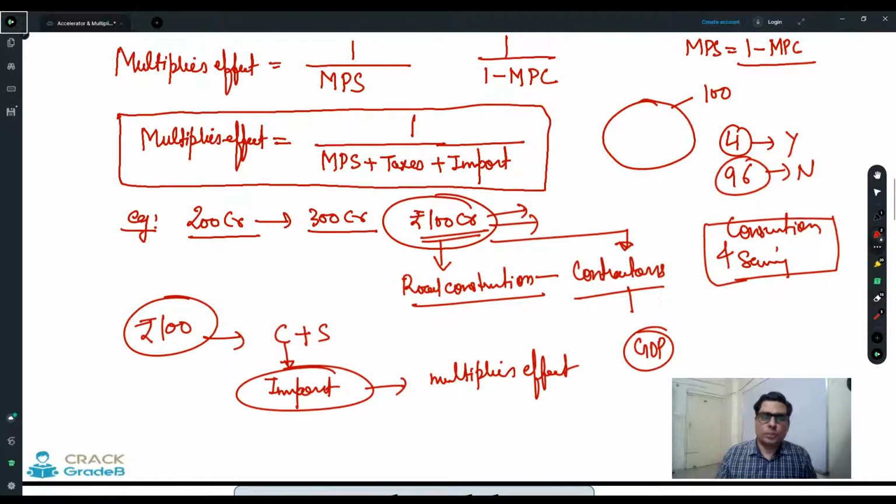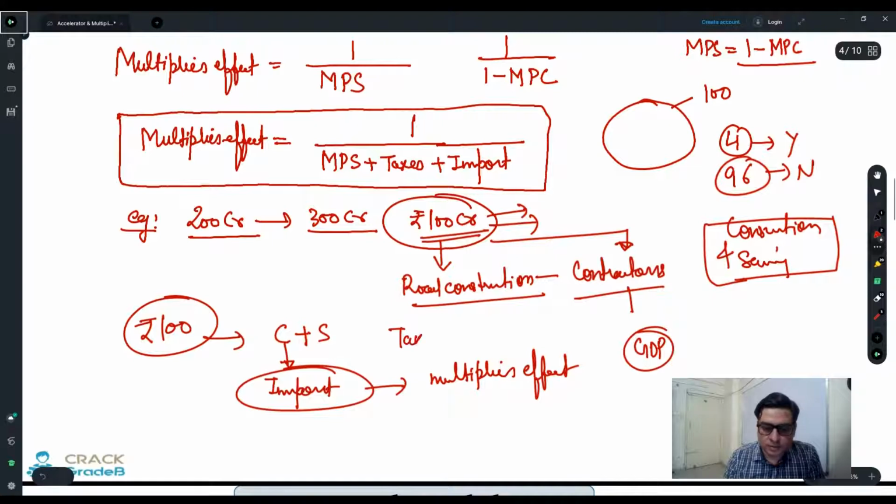Tesla is going to be introduced in a very short span of time. So if you purchase the Tesla car with the increased income, no GDP is going to be added. Why? Because it's an imported good and it is manufactured in another country. So GDP means what? The income which is generated in the domestic territory. So any imported item is going to decrease your capacity.